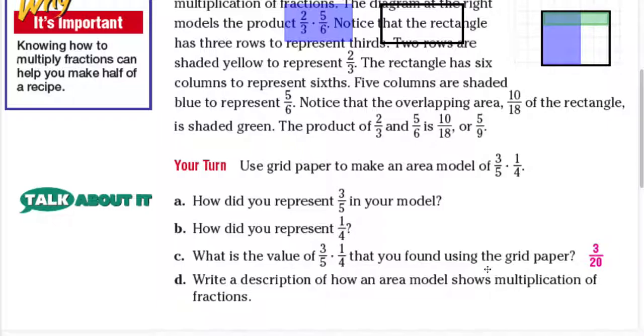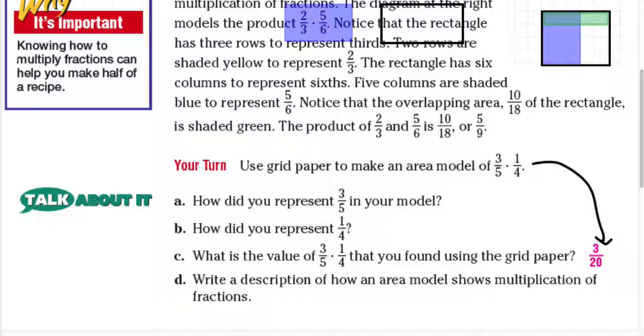Write a description of how an area model shows a multiplication of fractions. That's easy enough. When you're multiplying fractions, you simply multiply the numerators and the denominators, and you get the product of 3/20.